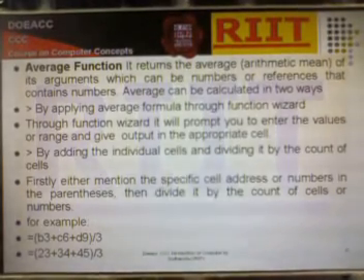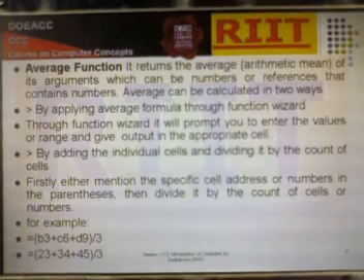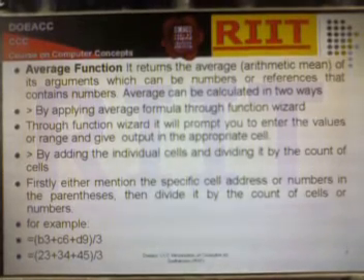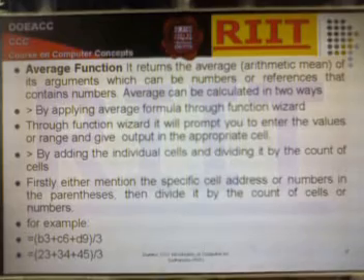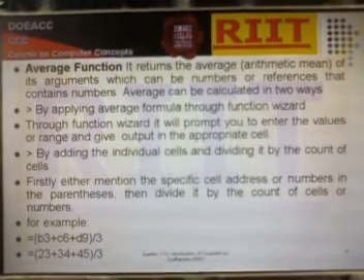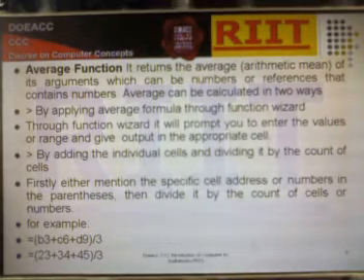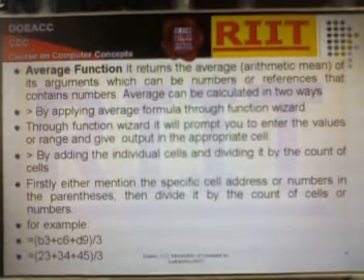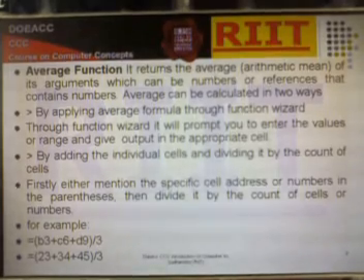Or by adding the individual cells and dividing by the count of cells: firstly mention the specific cell addresses or numbers in the parentheses, then divide it by the count of cells or numbers, like this example.